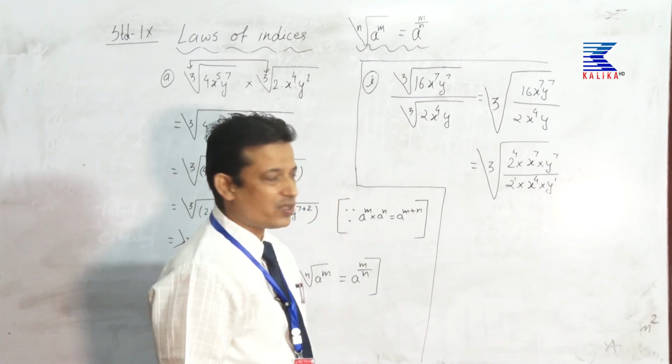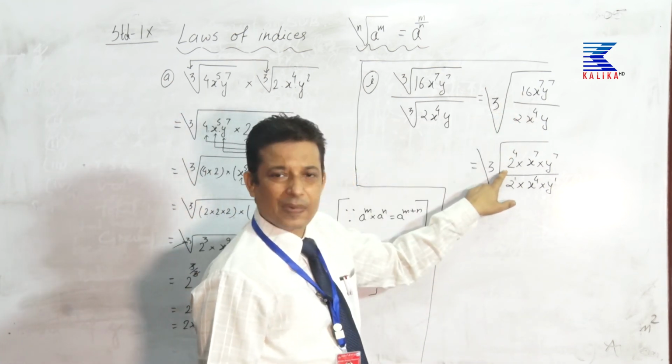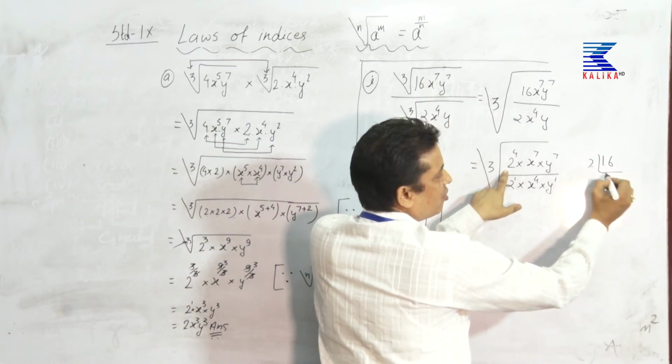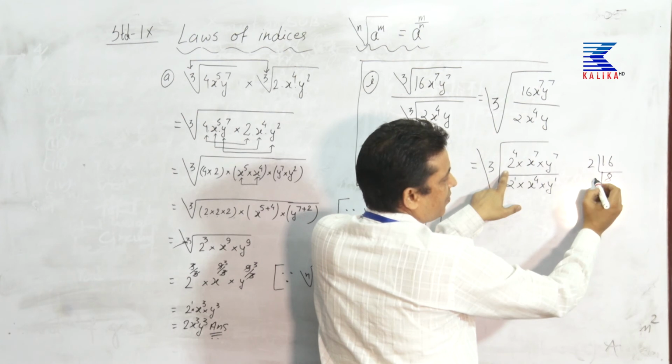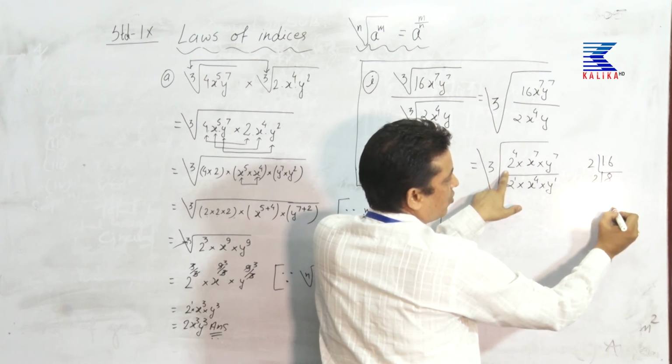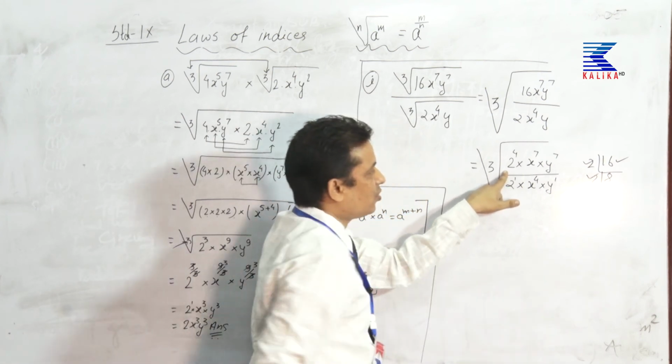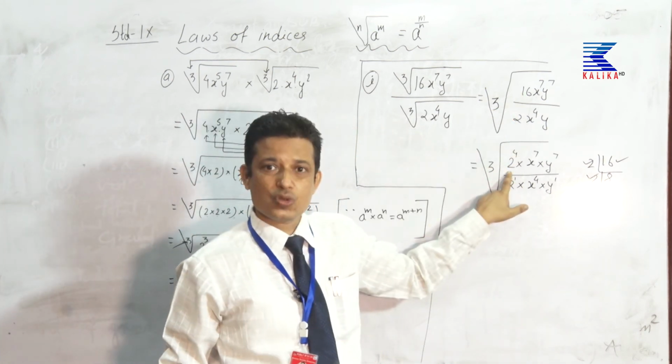I hope you understood it. For 16 I wrote 2 to the power 4. I have just done like this: 2 8s are 16, 2 4s are 8, 2 2s are 4. So, 16 means how many 2s? 1, 2, 3, 4. So, 16 is the same as 2 to the power 4.